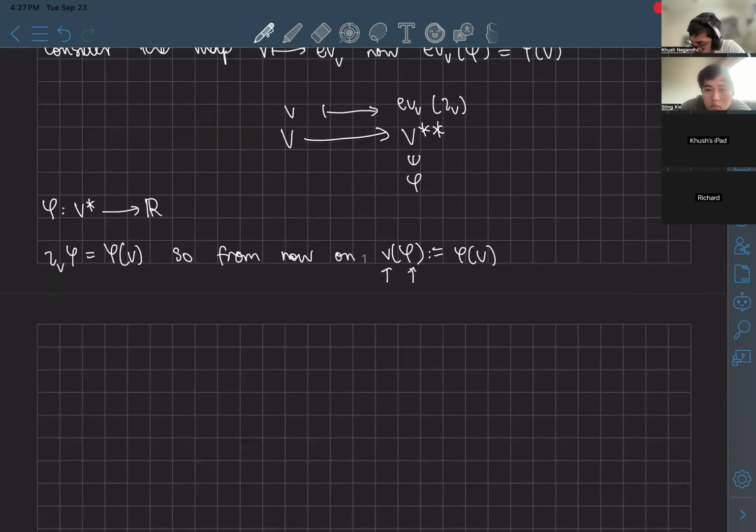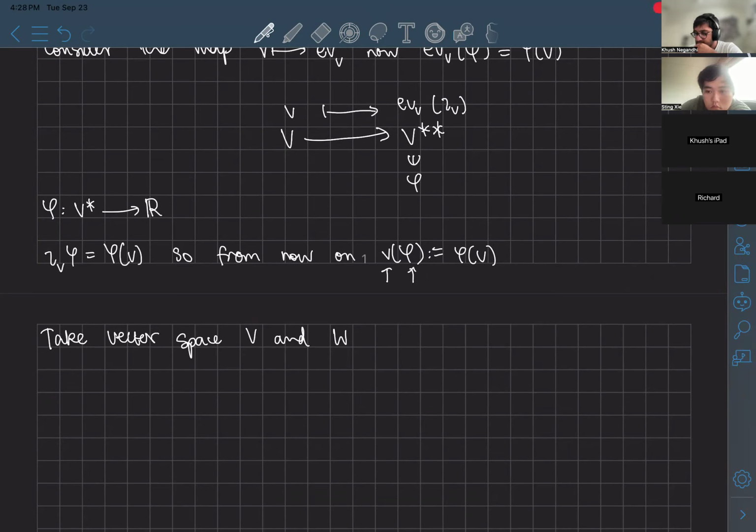So take vector spaces V and W. Again, I assumed that they're finite dimensional, but actually, for now, we don't really need them to be.